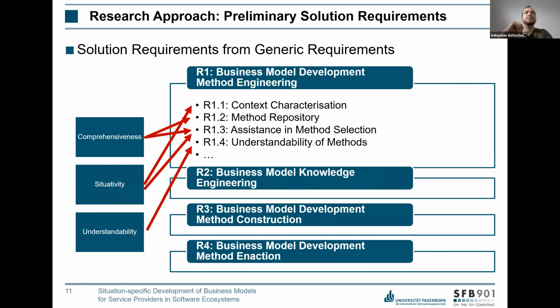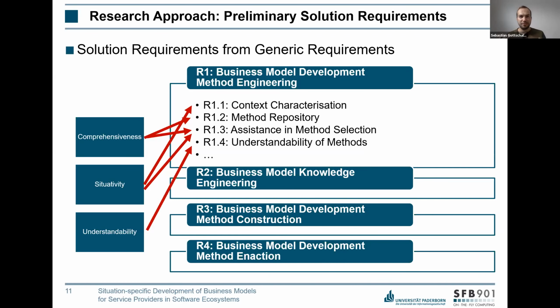So I have this business model development engineering, which is more or less building the development method: the different steps you need to do to create a business model, for example, doing customer interviews, calculating business outcomes and so on. And you have the business model knowledge engineering. This is about the knowledge you need to create a business model: do I use a revenue stream, advertisement, or sales, and so on.